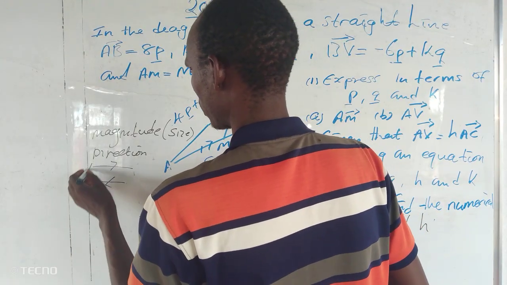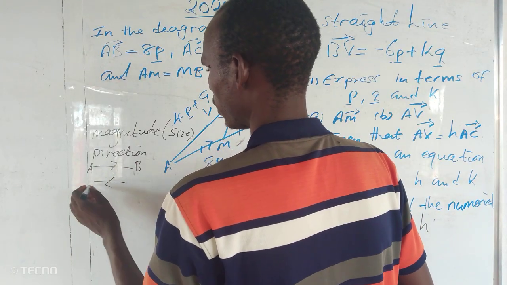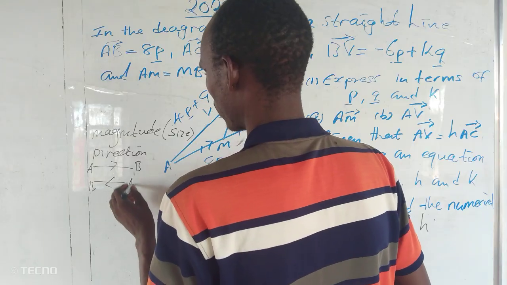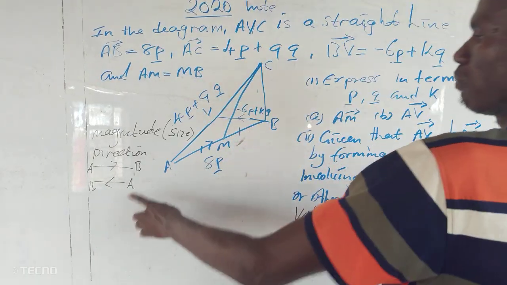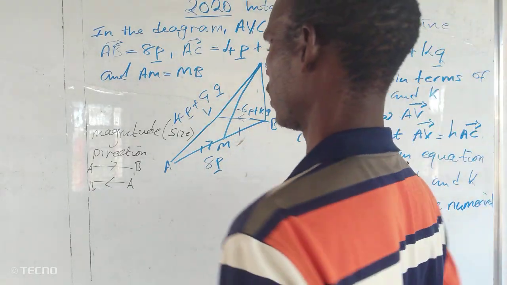Let's say this is vector AB, and this one is BA.